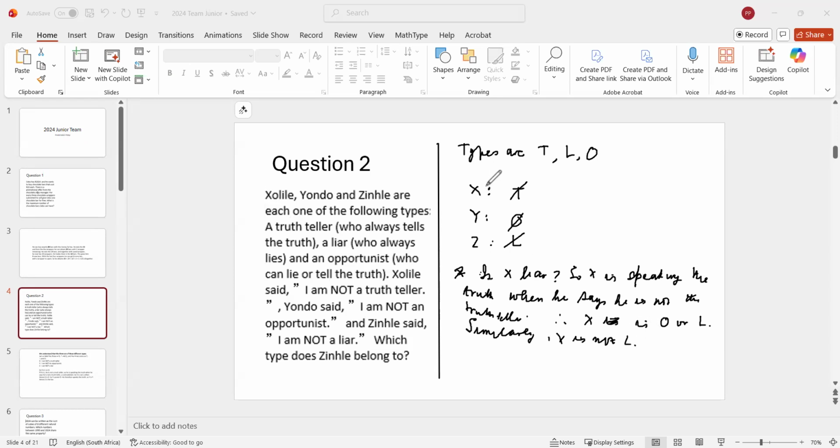Suppose X is a liar. So what does it mean? He'll always lie. Now here, he says he's not the truth teller. So therefore, he's speaking the truth because he's a liar. You can't be a truth teller and lie at the same time. So X is not a liar as well. So therefore, X is O. Only three types. So X is the opportunist.